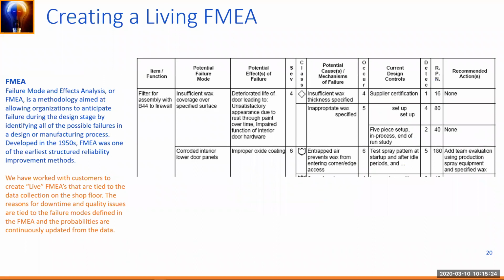Likewise for an FMEA. We went through the bakery example earlier, where we were tracking the different failure modes in the process and how often they were occurring. Why don't we tie that into our FMEA analysis so that, as we see those failure modes actually occur within the process itself, we can tie that back into our FMEA and keep our probability of failure updated for those different failure modes.